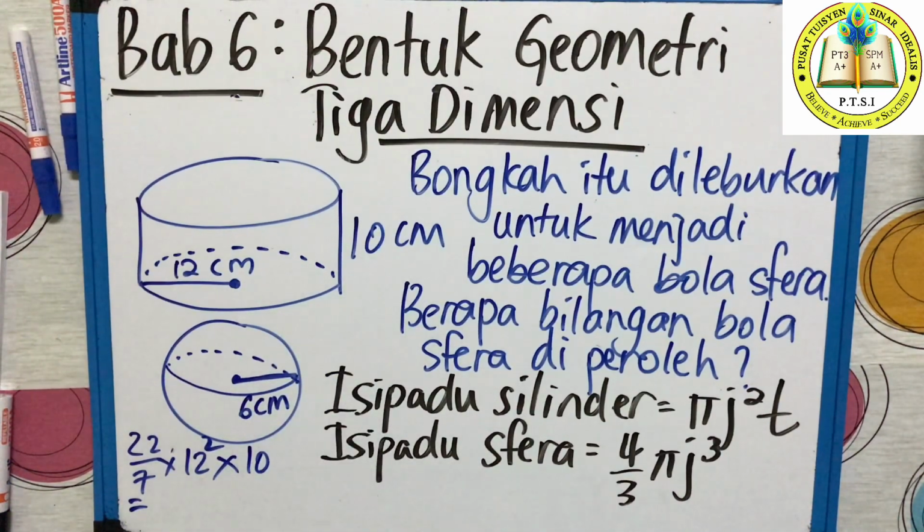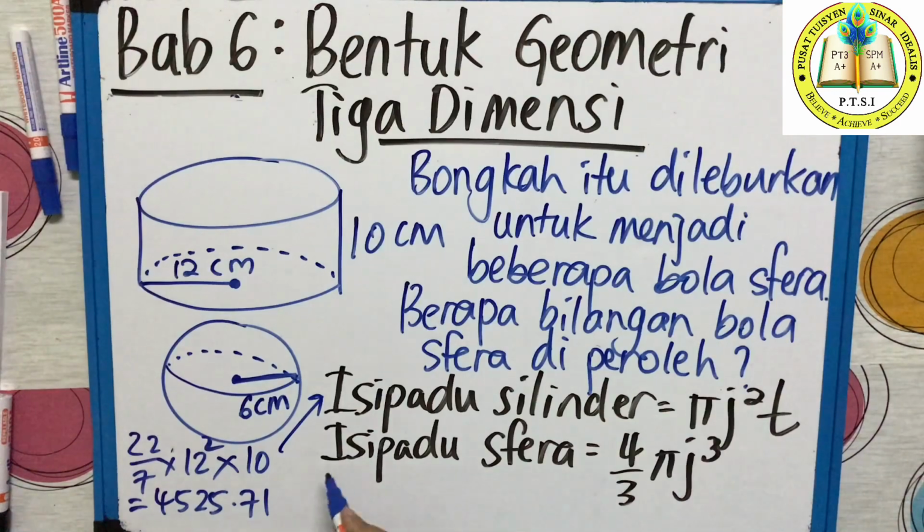Okay, when you press this in calculator, you get answer in point form 4525.71. You can make it in a fraction form also. It's up to you. Teacher give in a point form 4525.71. Ini isi padu cylinder.